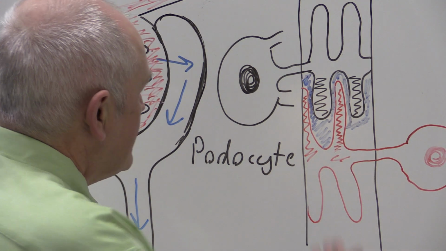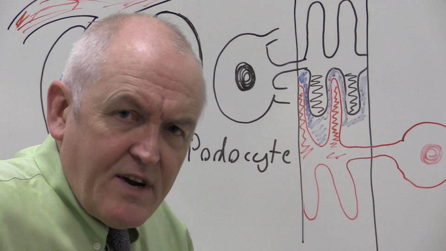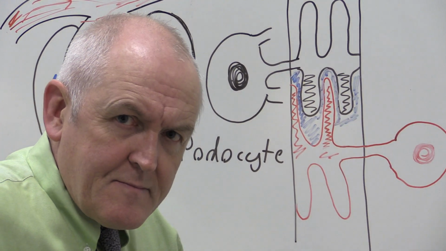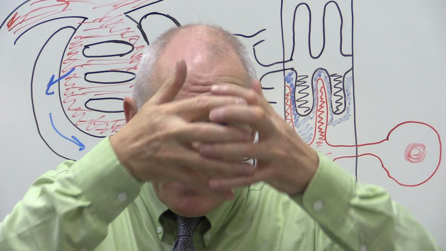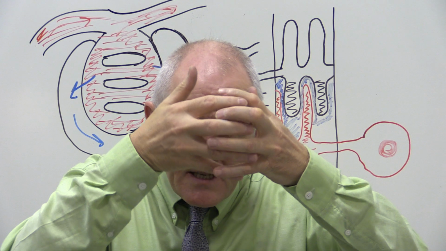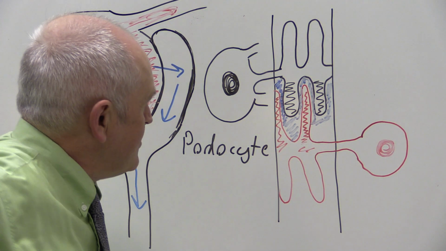And these small gaps here are the actual filtration slits. So it's just like a sieve. It is a physical process of sieving with these little gaps, these little filtration slits between the pedicles of the podocyte.